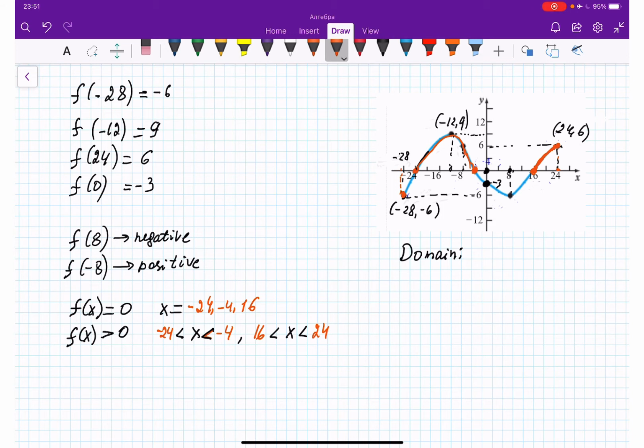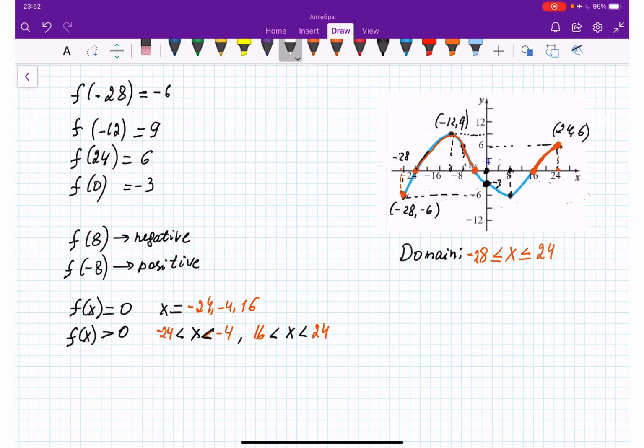So domain is going to be between negative 28 and 24. So x is greater than or equal to negative 28 and less than or equal to positive 24. As we can see, negative 28 and 24 are included because we have a solid point here, which means it's included. Now, if it would have an empty circle like this, then we would say these points are not included.